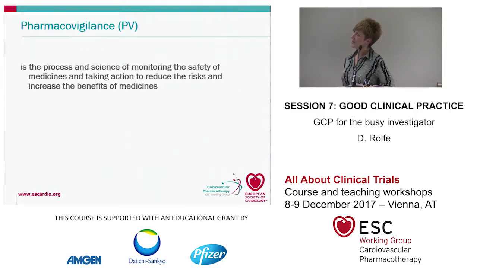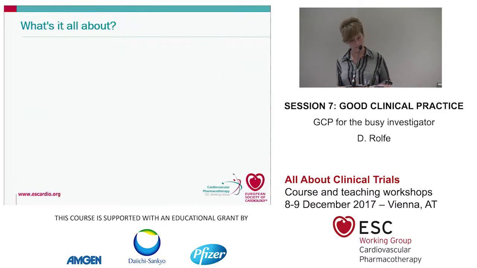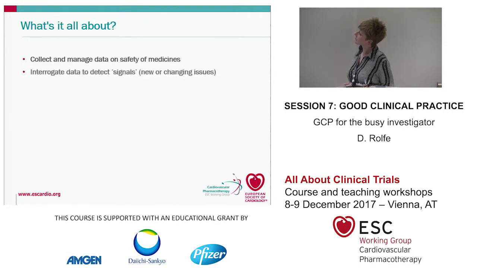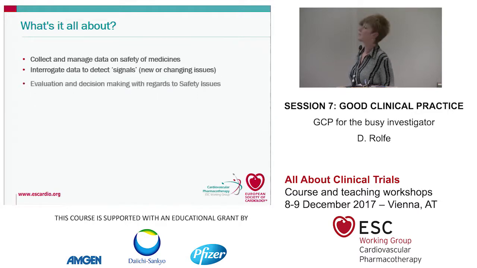So, pharmacovigilance. It's the process and science of monitoring the safety of medicines and taking action to reduce those risks and increase the benefits of the medicines. So what's it all about? So it's to collect and manage the data on safety. It's an interrogation of the data to detect any signals or new or changing issues.